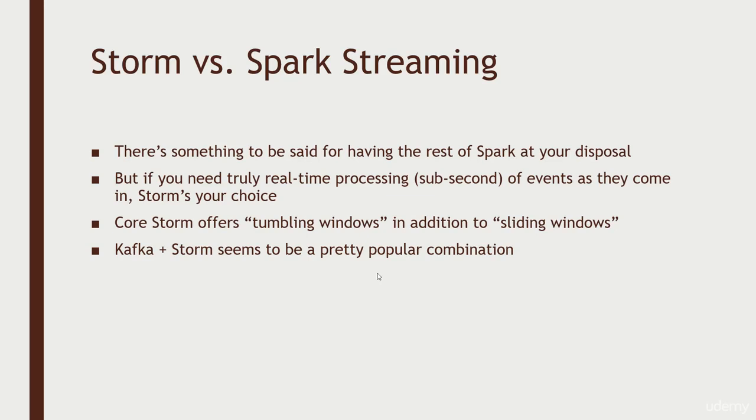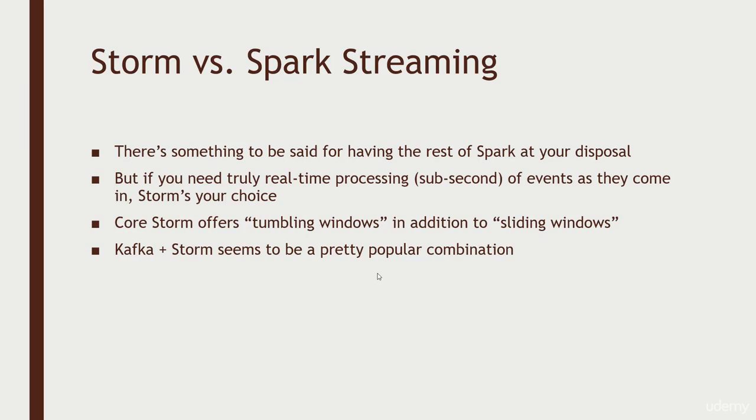But one side effect of having that truly real-time processing is that in core Storm, if you're doing windowed operations, remember in Spark Streaming we talked about doing windows of data over time where we aggregate data over, say, the past 5 minutes or past hour or whatever. In core Storm, you can do tumbling windows in addition to sliding windows. And that means that as data comes in, you can say, I want all the events that came in the past 5 seconds, exactly 5 seconds.